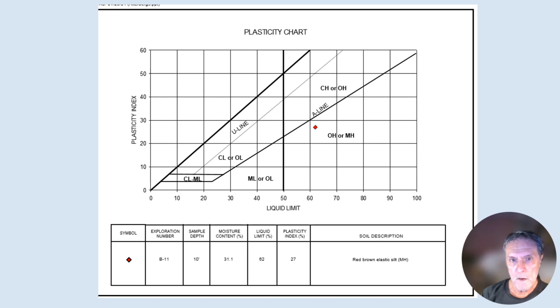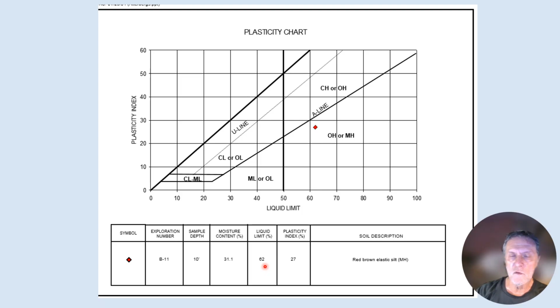Sorry. So here is a plasticity chart. So the point at which you have taken that soil that's flowed into that groove, let's say the moisture of that liquid flowing soil is actually 62%.